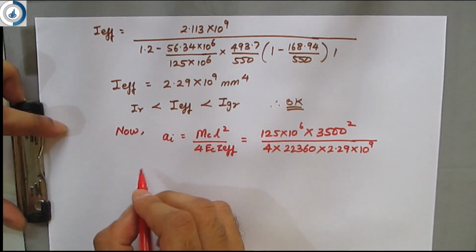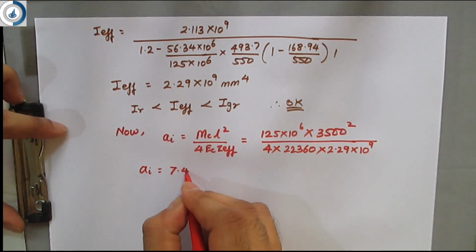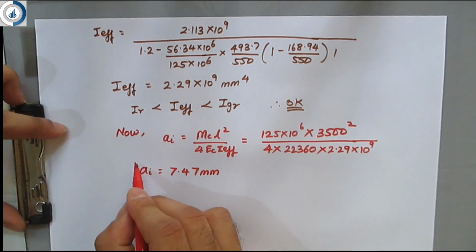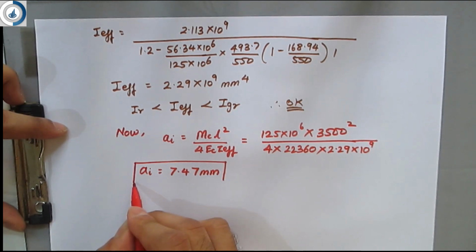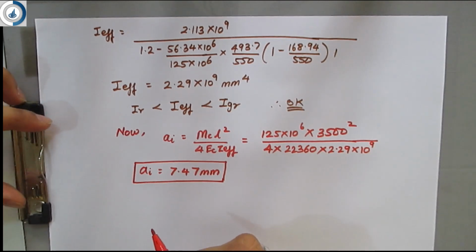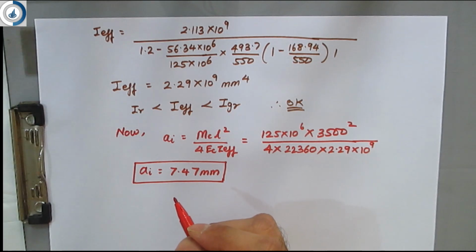So once you work this out, you will be getting the short term deflection as 7.47 mm. So this is the first unknown we have found in the problem, that is short term deflection, 7.47 mm. Now you have to proceed with the deflection due to shrinkage.